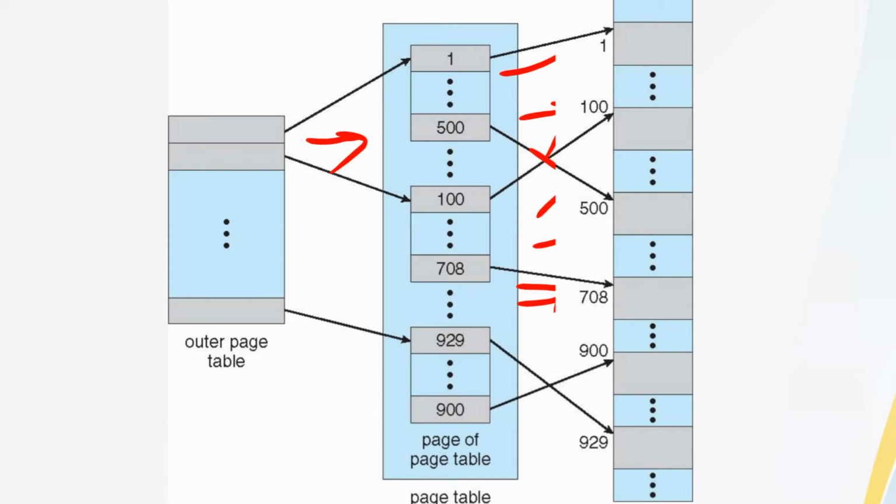So again it also communicates in two levels. And here, page 929 is mapped and 900 is mapped, so it is also done in two levels. So this is the structure of two level paging using the outer and inner pages of the page table.